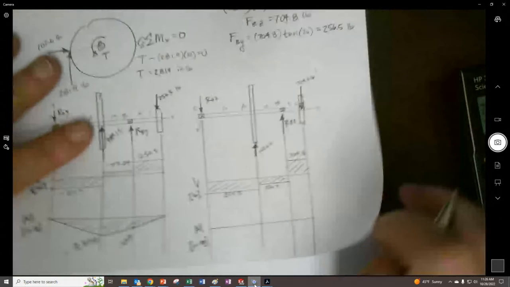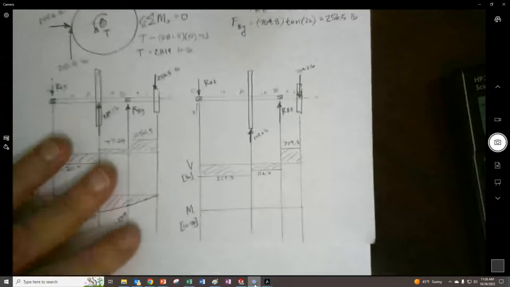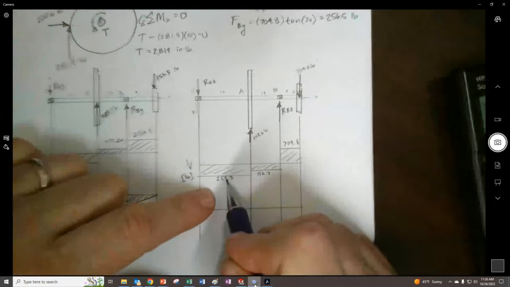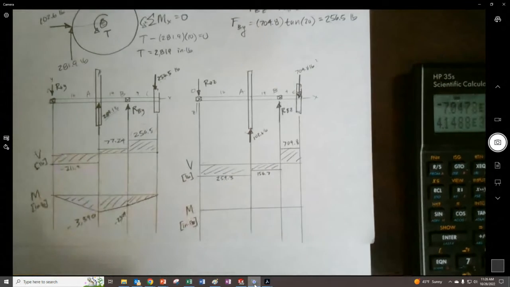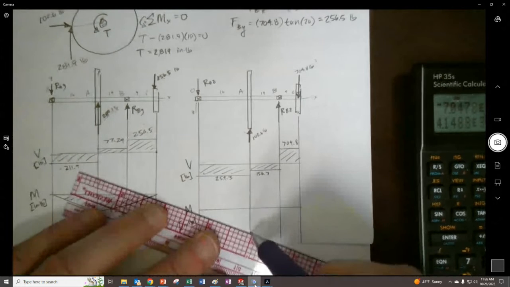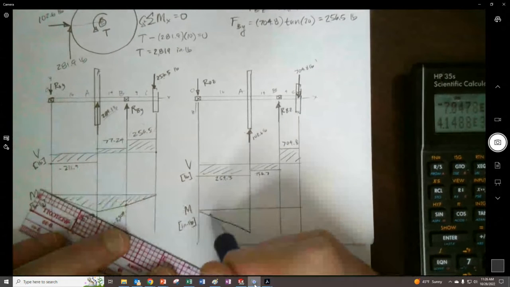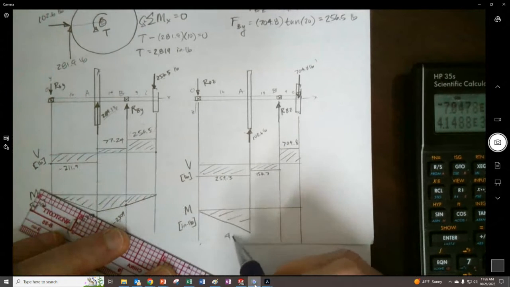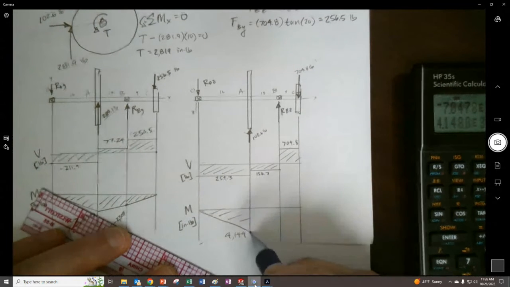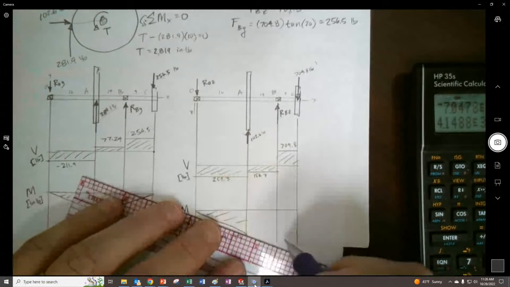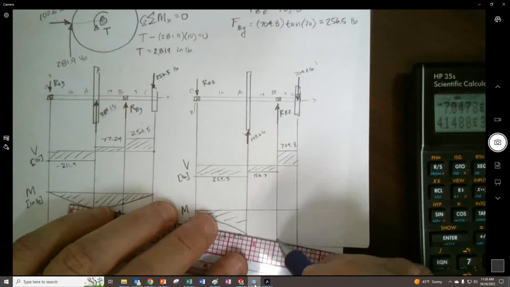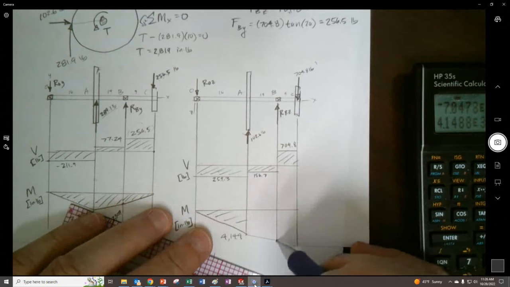All right, so let's see. 259.3 times our 16, and we should get 4,000. Oops, so 4,149. And then it's actually going to get a little bit larger because this was positive, and that's still positive, so it's going to go up a little bit, but at a different slope right to there.